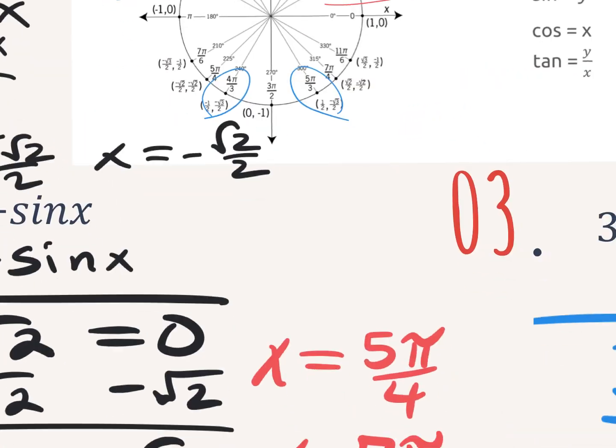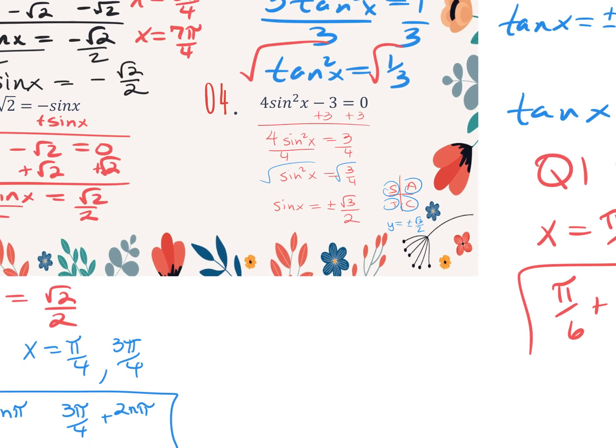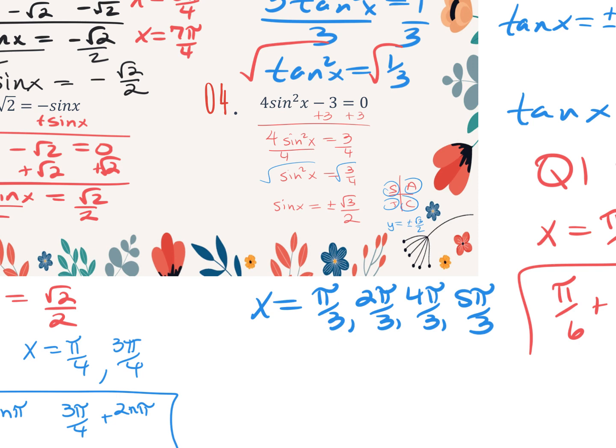Go back down there and write them all in. So my answers here for x are going to be pi over 3, 2 pi over 3, 4 pi over 3, and 5 pi over 3. And again, if they wanted the general form, to each one of these, you would add a 2n pi. But again, for your test next week, I just want the values or the angle measures from the unit circle.